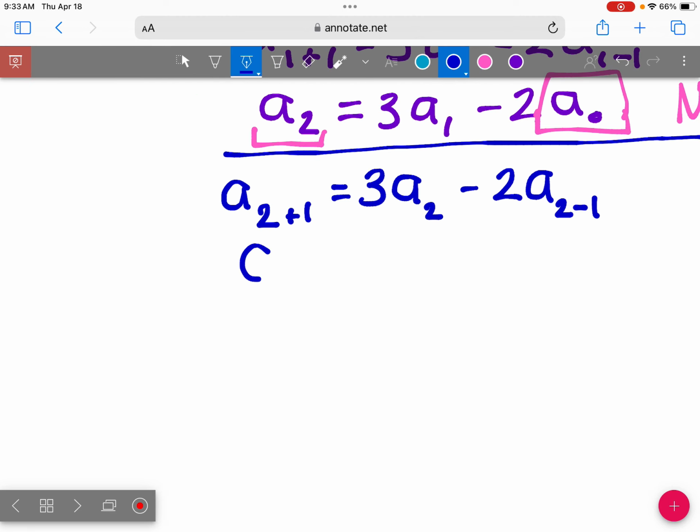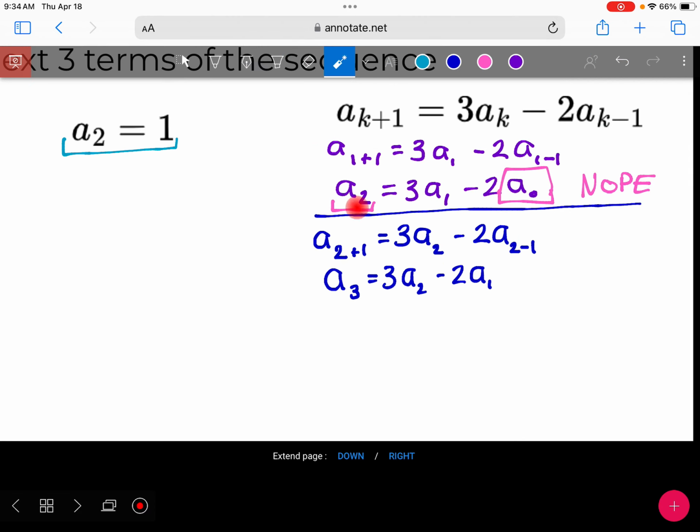That means we're going to learn a sub 3 from 3 times a sub 2 minus 2 times a sub 1. Those are all pieces we know, at least on this side. So now we can do things with it and we can substitute it in. We can't always find every term based on what we start with. But we will be able to find something.